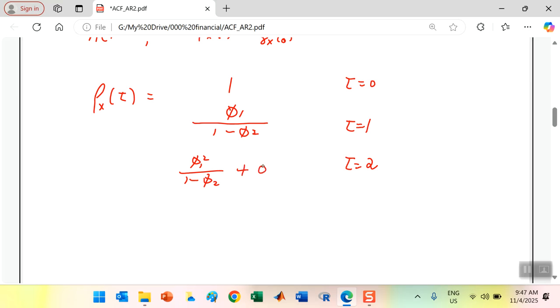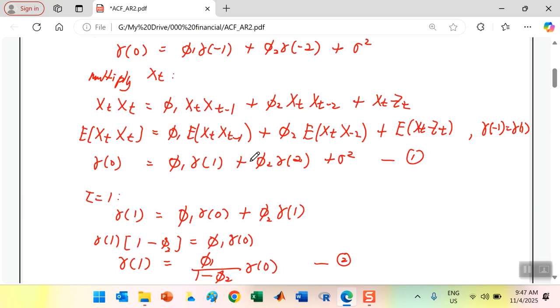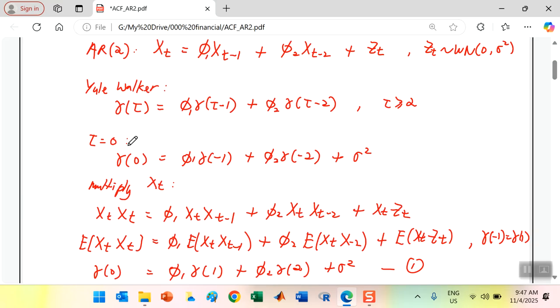plus phi 2. Okay, so how about tau larger than or equivalent to 3? So we have a general formula using this Yule-Walker. So divide everything by gamma 0, isn't it? So divide this by gamma 0, you have rho tau. This is phi 1 rho tau minus 1, phi 2 rho tau minus 2.